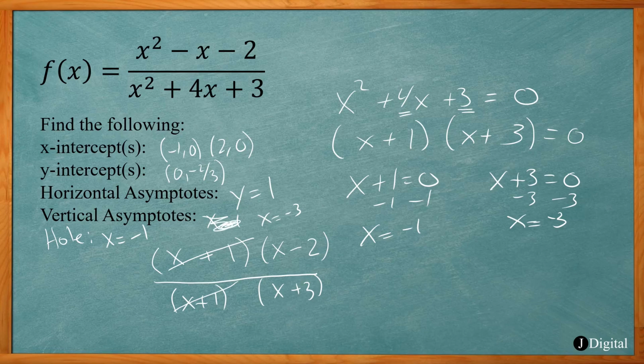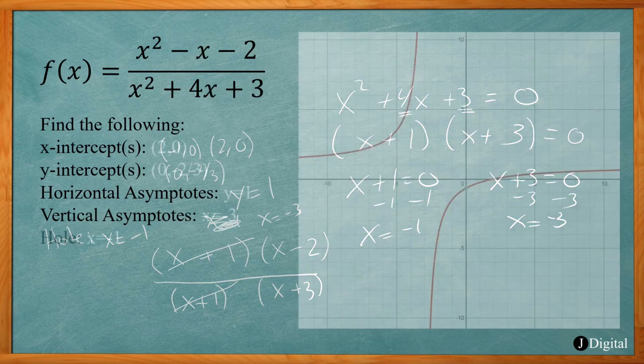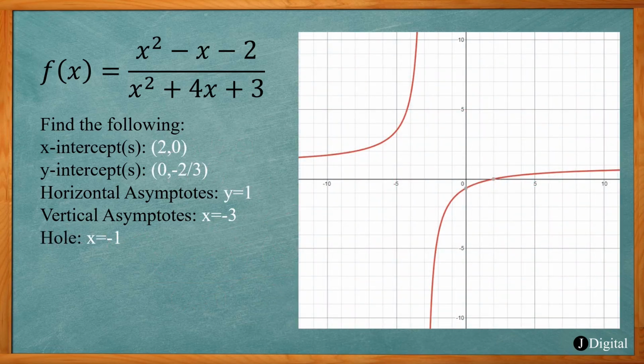Alright, so let's take a look at the graph. Our x-intercept is going to be at 2, 0. So that's here. Y-intercept at 0, -2/3. That's here. Horizontal asymptote at y equals 1.